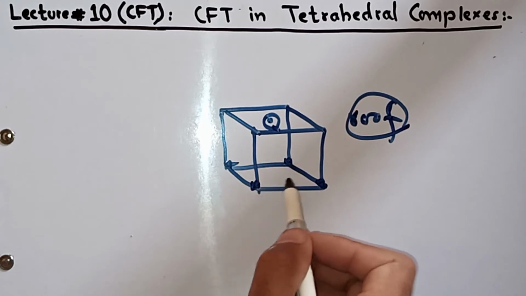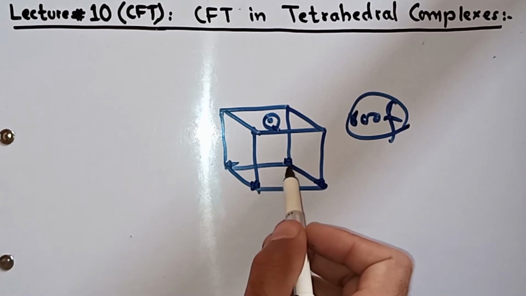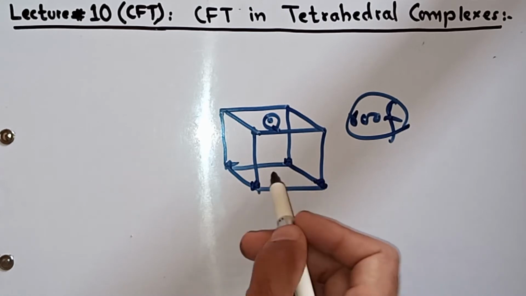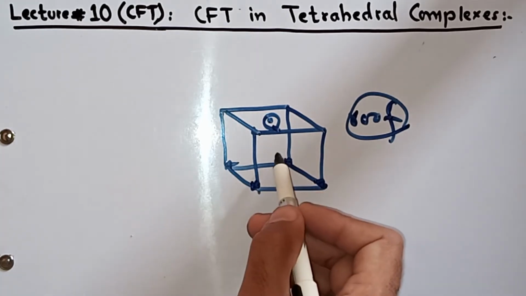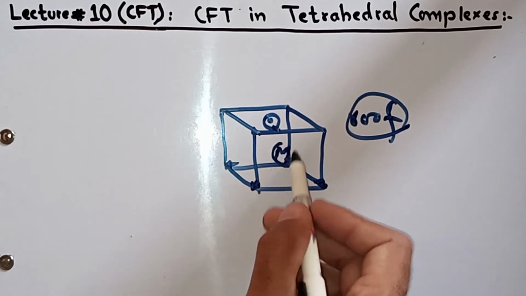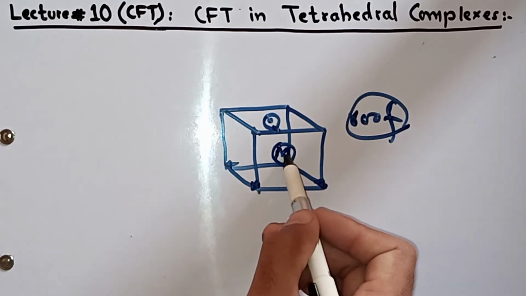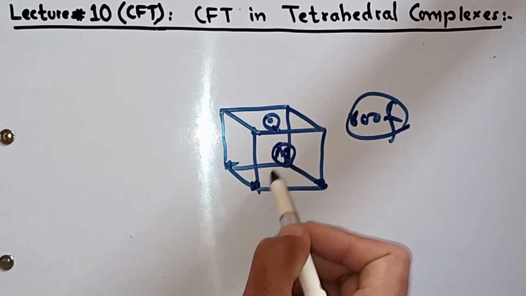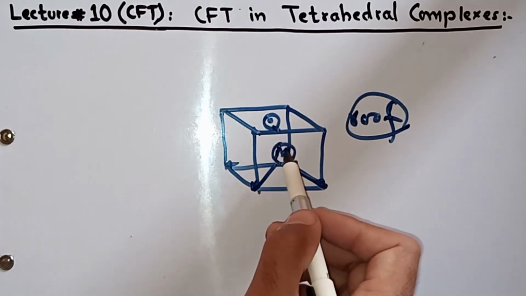If you place a ligand on each of these three corners, and these corners are the way the ligands approach the central metal atom, and between the ground and the roof the central metal ion is present, then this central metal ion will be equidistant from the three corners of the ground as well as from the fan on the roof.